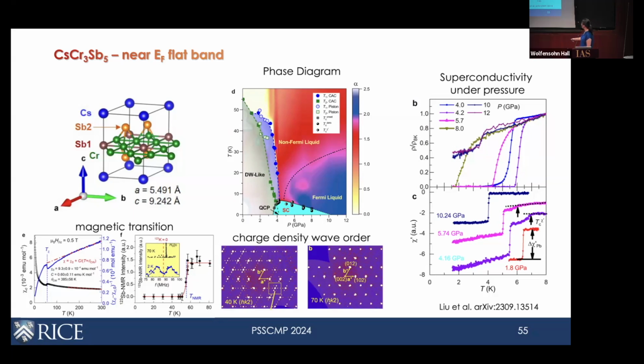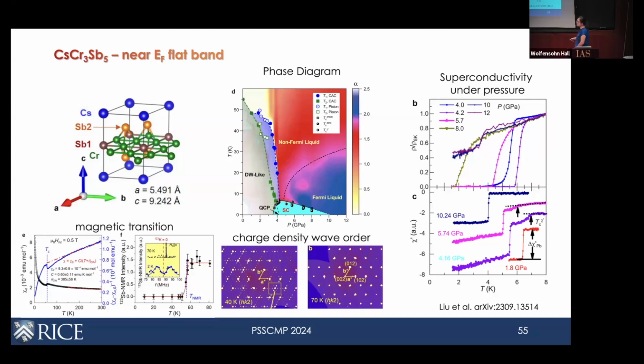They also see a shift in the NMR signal, as well as kinks in the susceptibility. So this suggests that there are actually two transitions, and as a function of pressure, these two transitions become separated and very quickly suppressed by pressure, and then eventually they see the emergence of superconductivity in this dome-like shape.